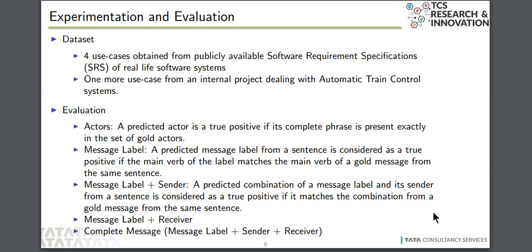Similarly, we check for the message label being a true positive if the main verb of the label matches the main verb of the gold message. And we also evaluate on these other combinations, that is sender plus message label, then message label plus receiver, and the complete message, which involves the sender, the message label and the receiver.